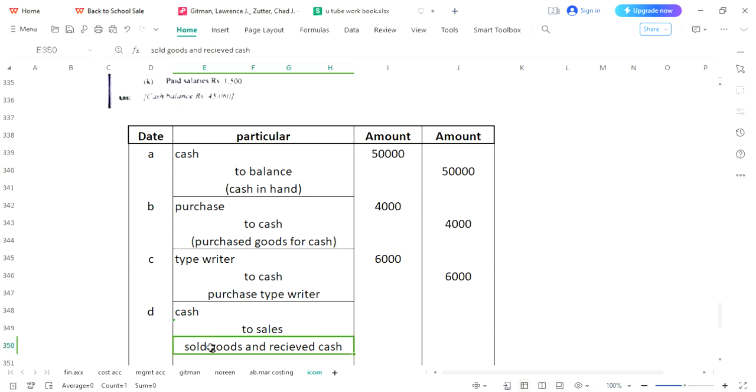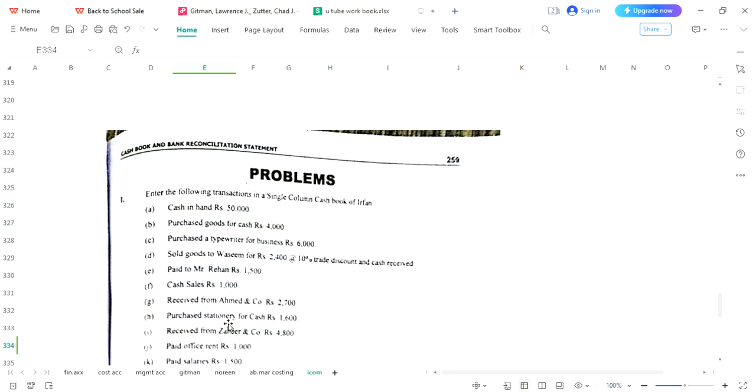When you are selling your goods and receiving cash, cash to sales. Now here a question arises, what we have left is trade discount. Please note it down in your notebooks. Trade discount is also not allowed to be written. As I have told you, goods are not permitted to be written in accounting. In the same way, trade discount is also not allowed to be written in your notebooks.